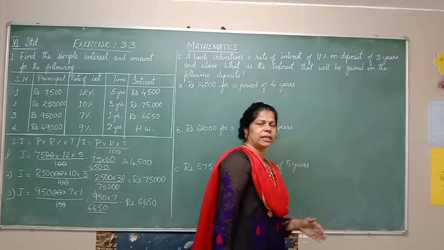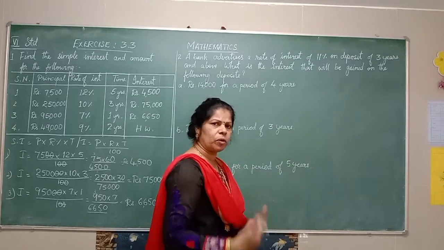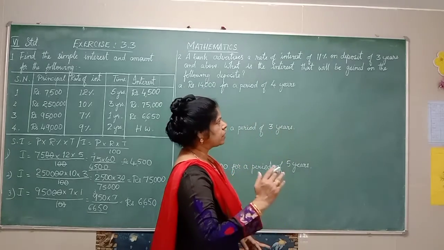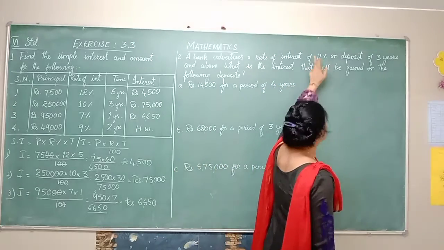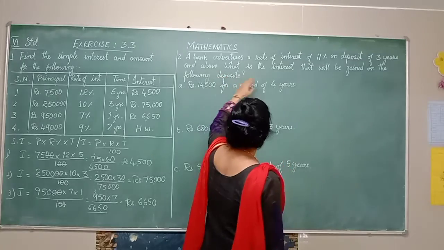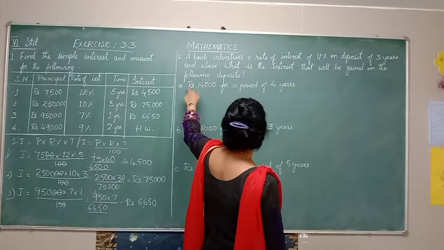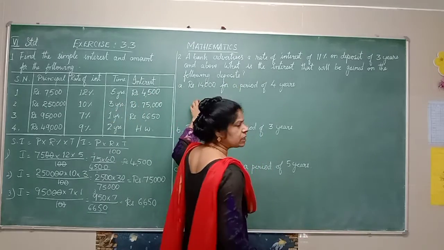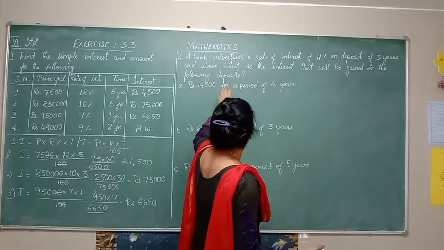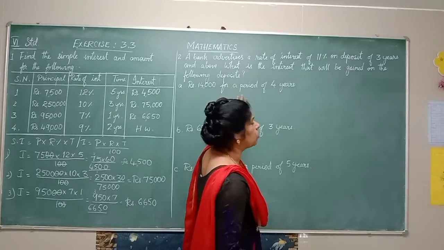If it is less than 3 years, the interest amount also will be less. So what is the interest that will be gained on the following deposit? The same way, what is the interest that person is going to get, whoever deposits that much amount.